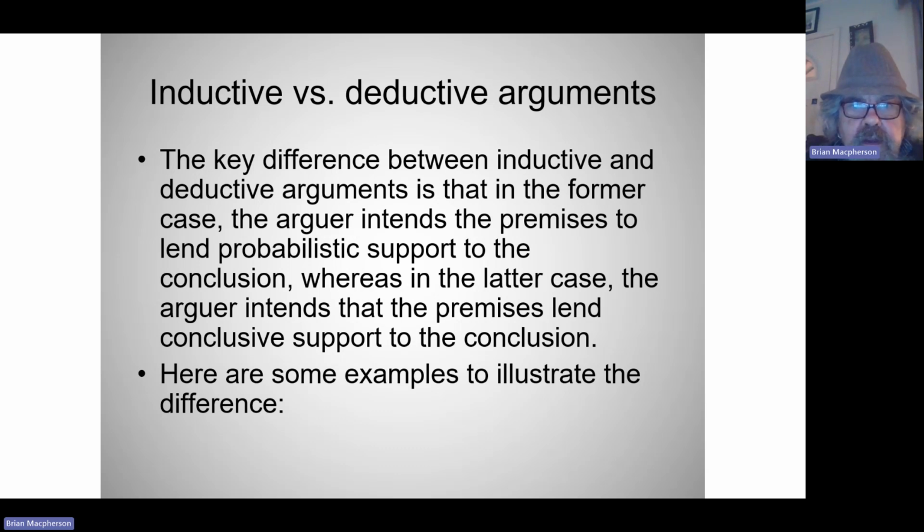In other words, if the premises are true, this necessitates the truth of the conclusion. So in some sense, inductive arguments are weaker than deductive. Inductive arguments only establish the conclusion with a degree of probability, whereas deductive arguments establish a conclusion with certitude, with 100% certainty, right? So that's the key difference between inductive and deductive arguments.